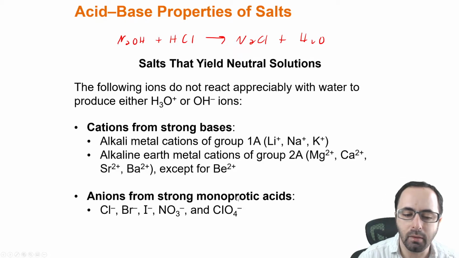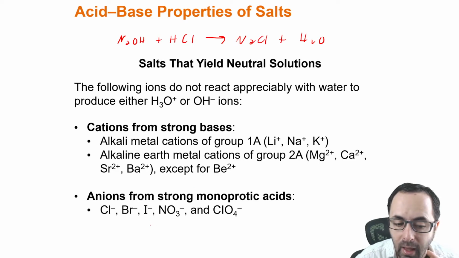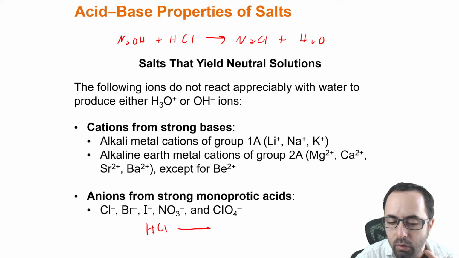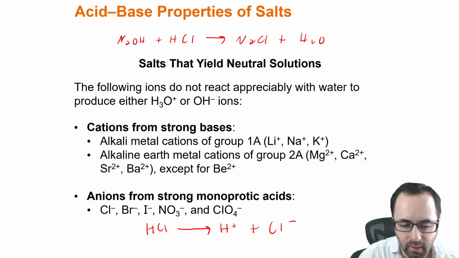And this is because, to explain why here, especially for the anions, what we know is a strong acid like HCl dissociates 100%. So it makes H+ and chloride minus. And so this here is a strong acid, and that means this goes 100% this way.